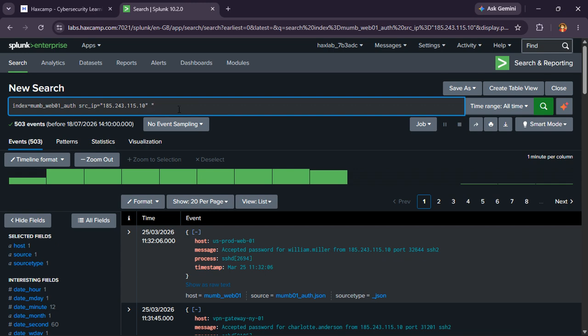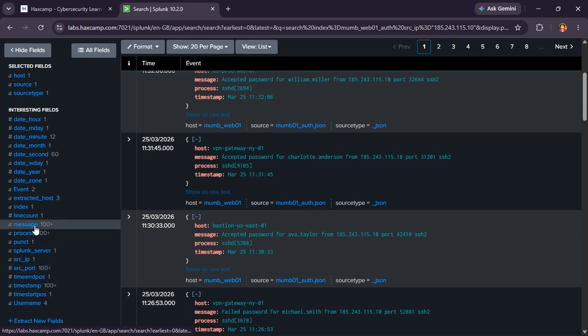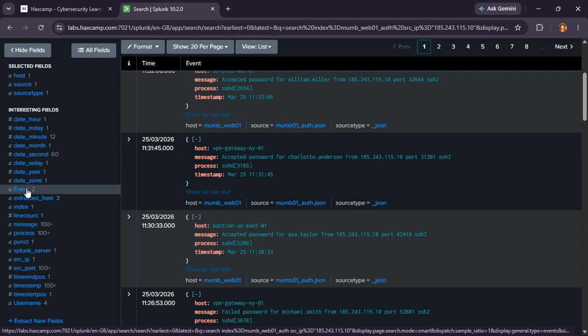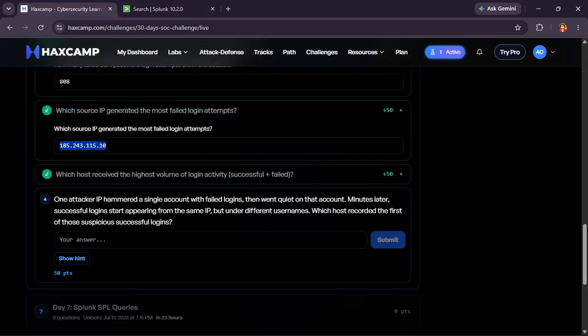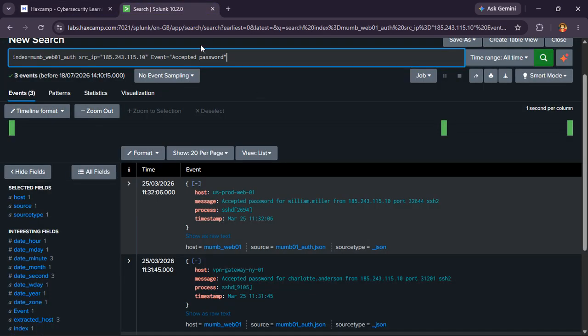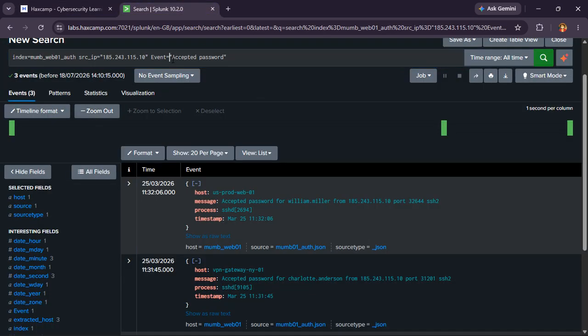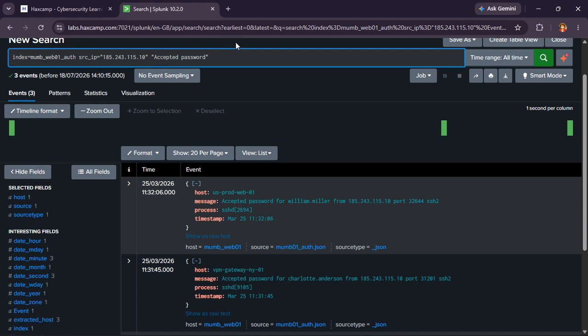Now we need to look at the event accepted password. Here it mentions successful login means accepted password, so the event must be accepted password.